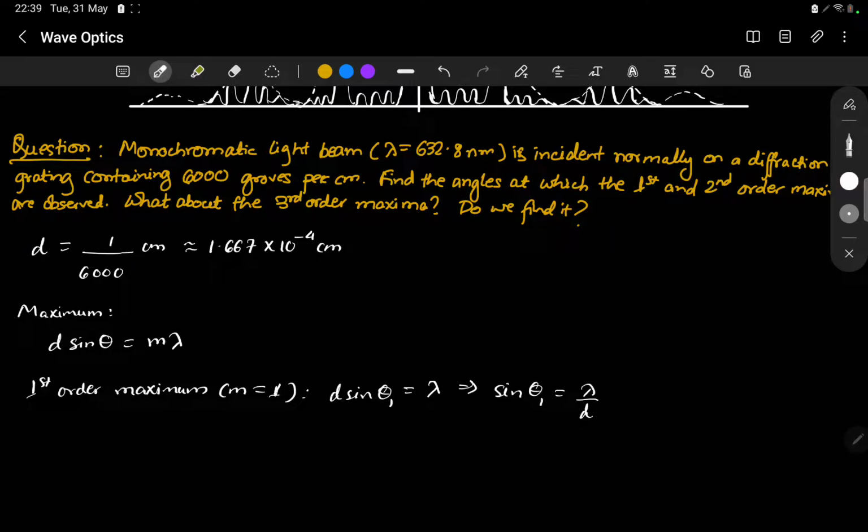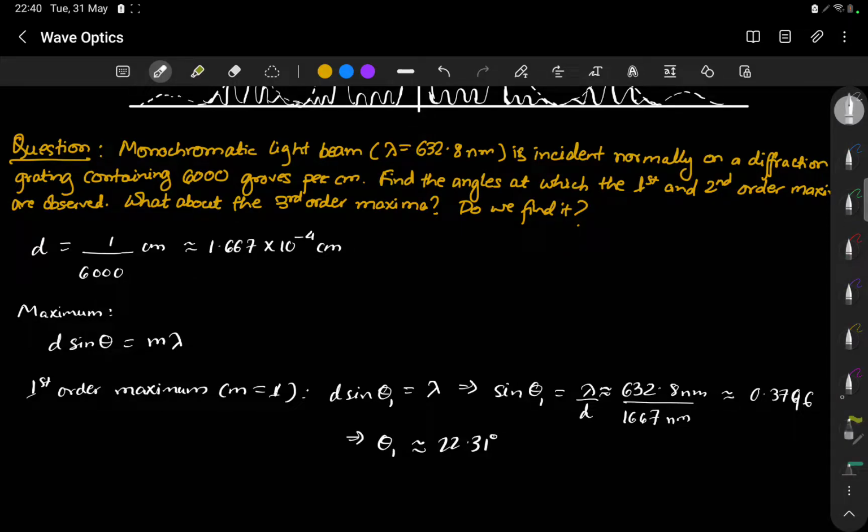Lambda we are given is 632.8 nanometer. d we just found out is approximately 1667 nanometer. So this gives us approximately 0.3796, which implies that theta 1 for the first order maximum is approximately 22.31 degrees. This is the first part of the question.